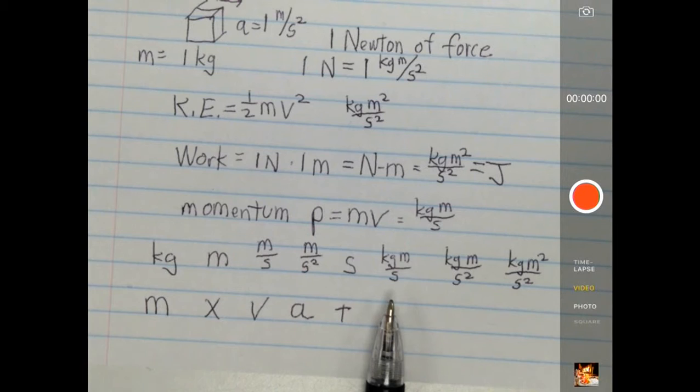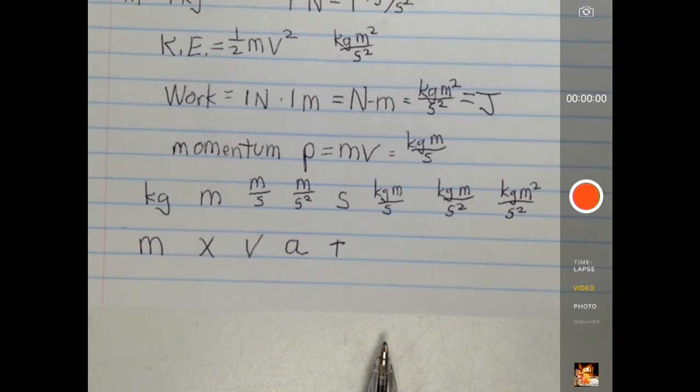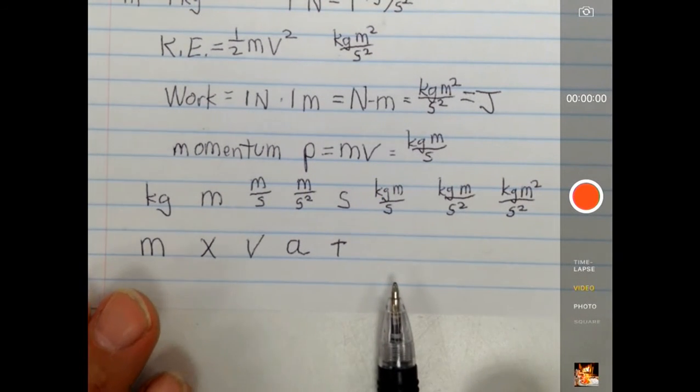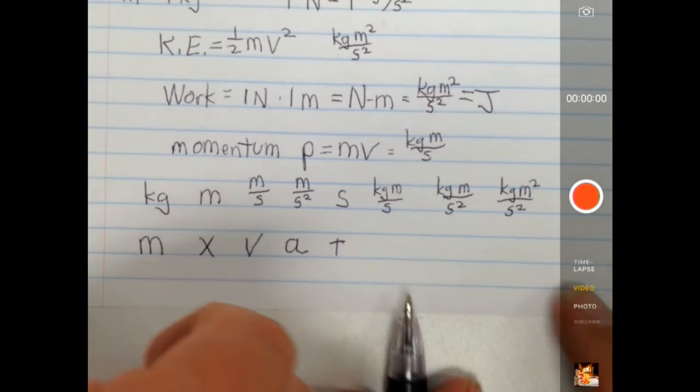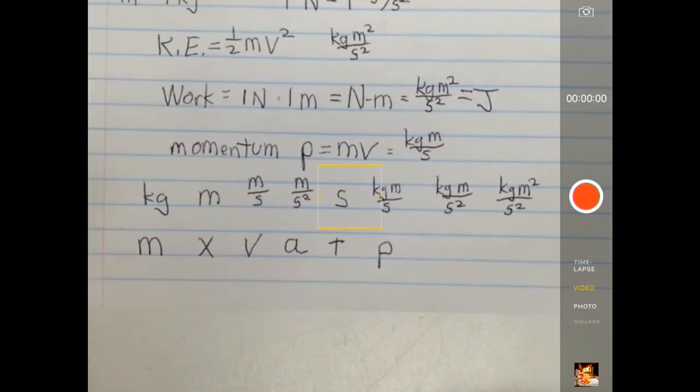Ray. Interesting. Yes, momentum, represented by lowercase letter p.